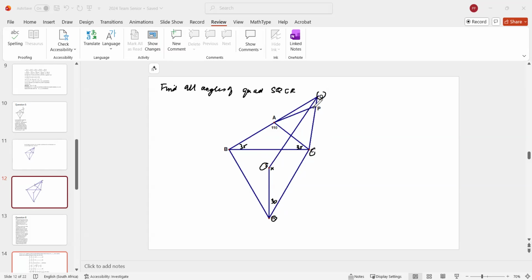Now we don't know these two angles here, but we do know that this angle is bisected. Okay. So do we know this one? Well, this has been extended to get to that. So this angle here.